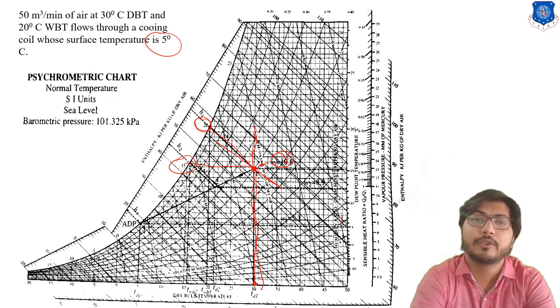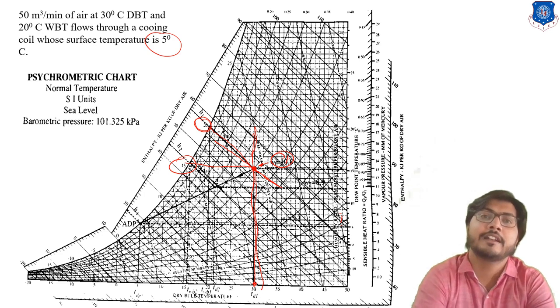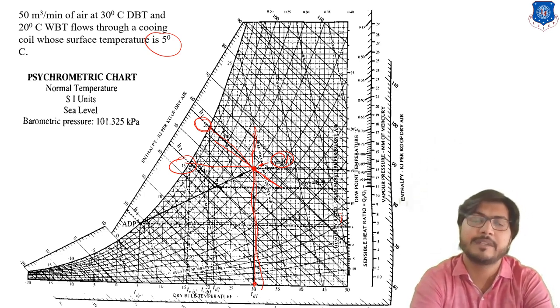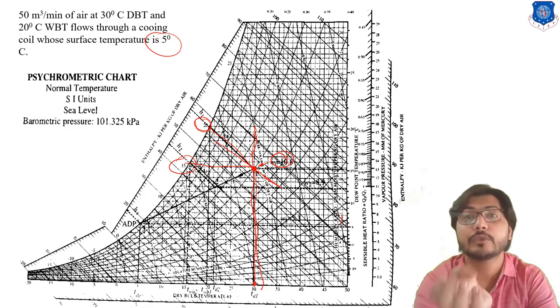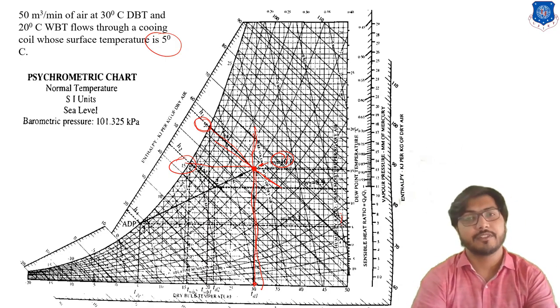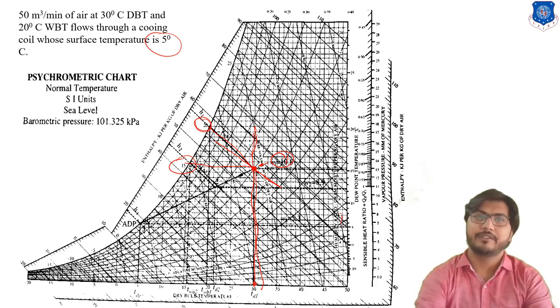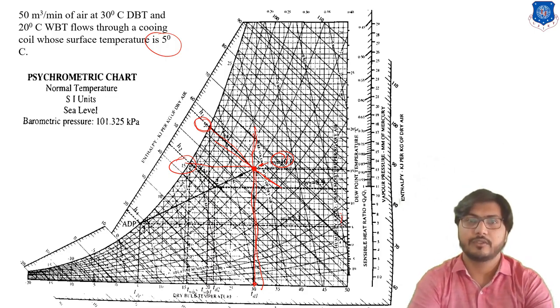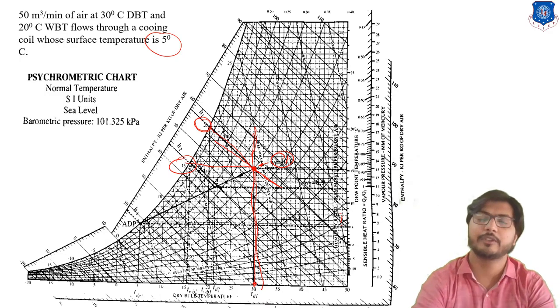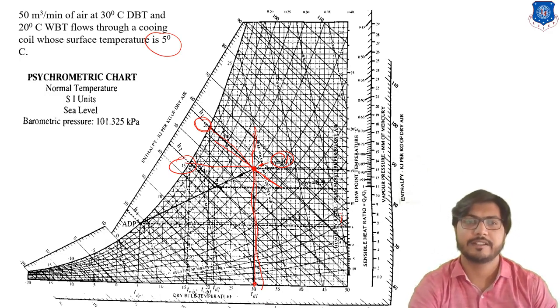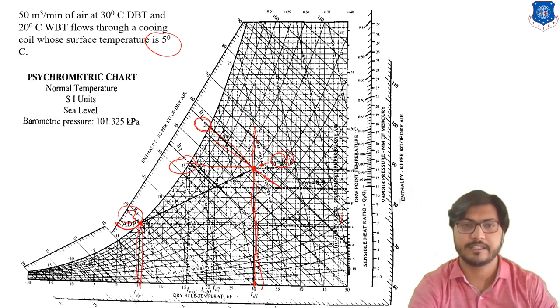That means W is reduced, because the coil surface temperature is less than the dew point temperature of the entering air. We can understand from this numerical how dehumidification occurs. If your coil temperature is less than the dew point temperature of entering air, you have dehumidification. So point 3 lies here, at 5 degrees centigrade.